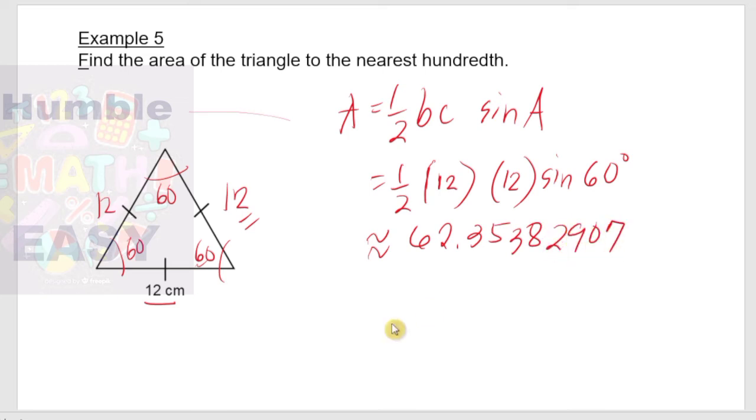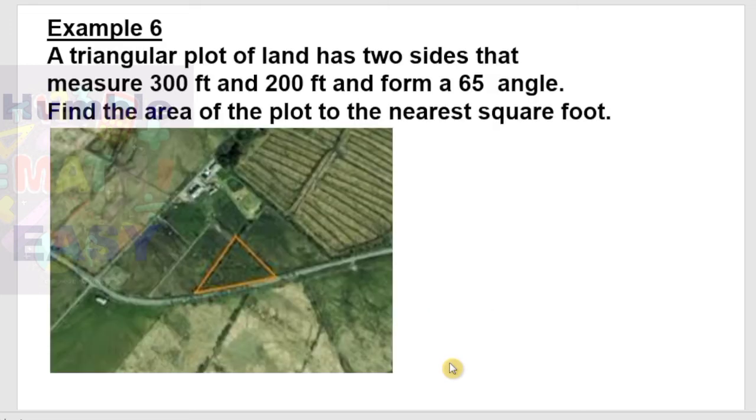So approximately we have 62.35 if we're going to round off to the nearest hundredth square centimeter. So that is now the answer for the given figure, or for example number 5.